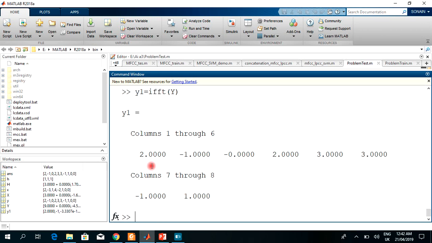I am going to compare both, the small y transpose, sorry, and y1 transpose.